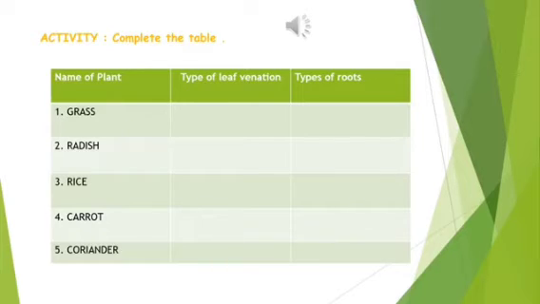You are going to find out what type of leaf venation you can find and the kind of roots grass have. The second plant given is radish, third one rice, fourth carrot, fifth coriander. So you're going to decide what is the venation pattern and what type of roots these plants possess.